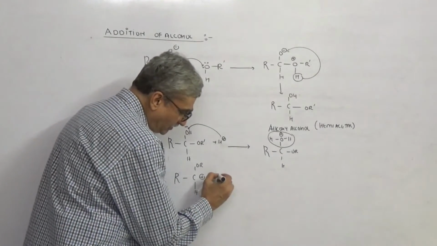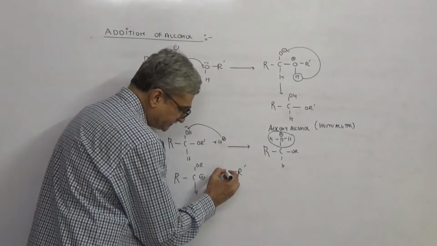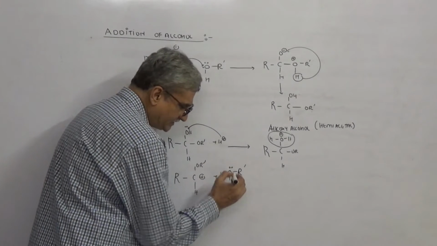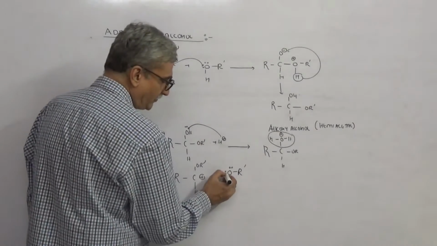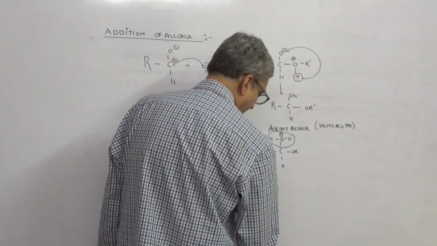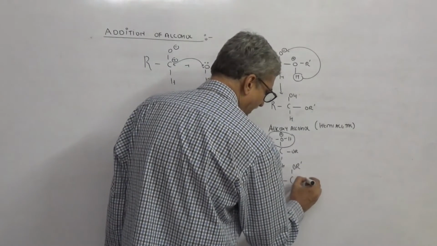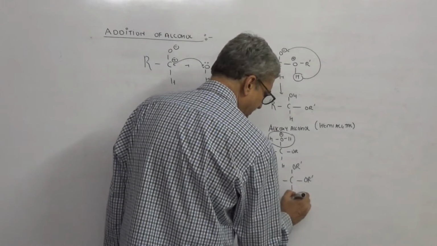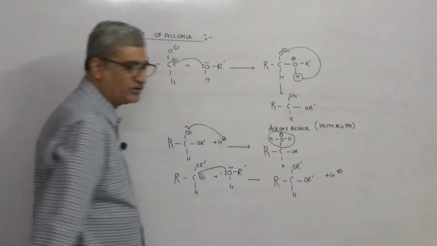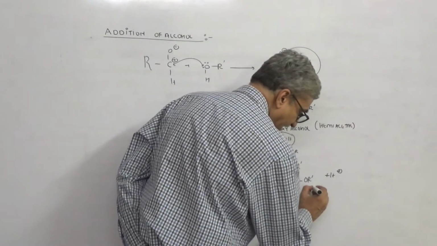You have one more molecule of alcohol, that is R dash OH. And what happens in that case? Oxygen is again a nucleophile because it has lone pair of electron. Oxygen donates a lone pair, and we get R C O R dash, O R dash H plus. So this H plus which was consumed is coming back out over here. Now this is called acetal.